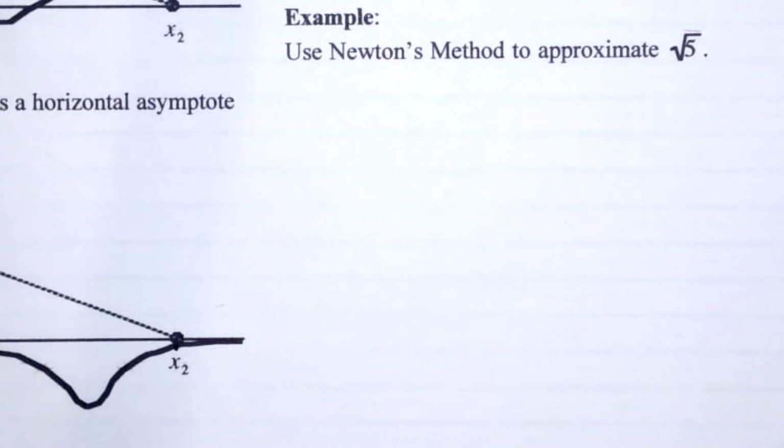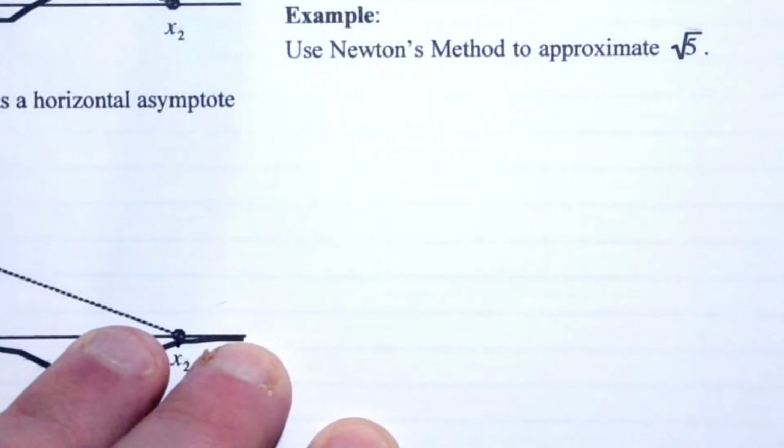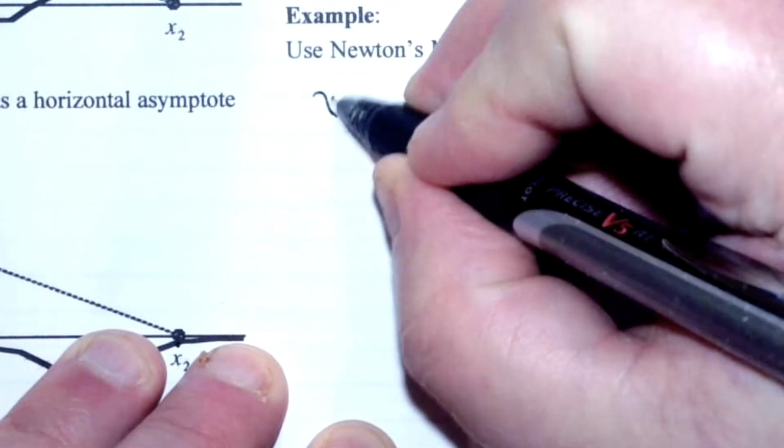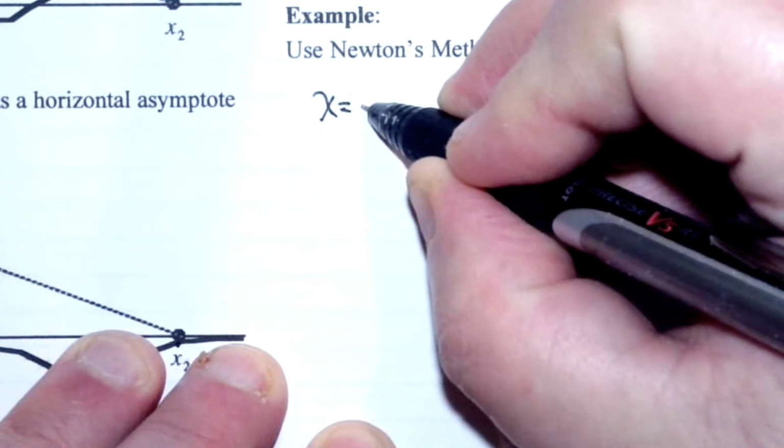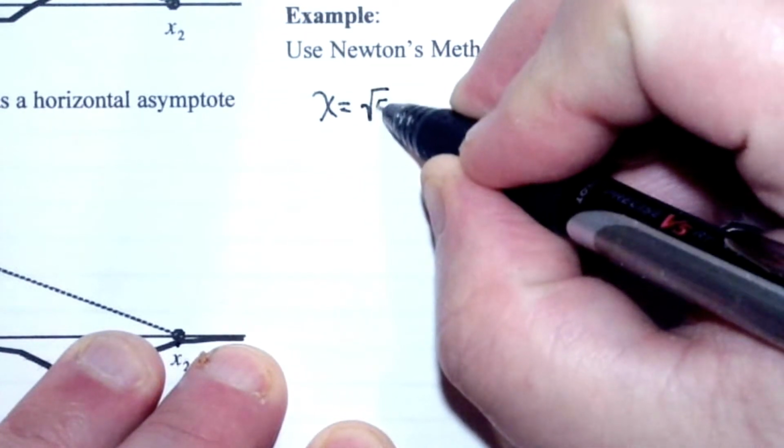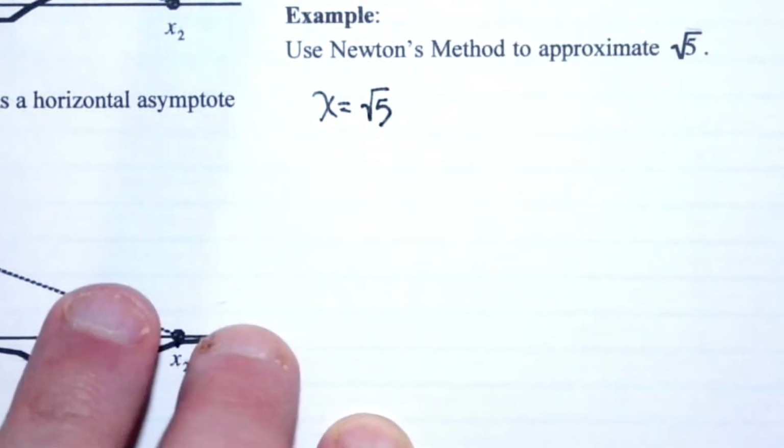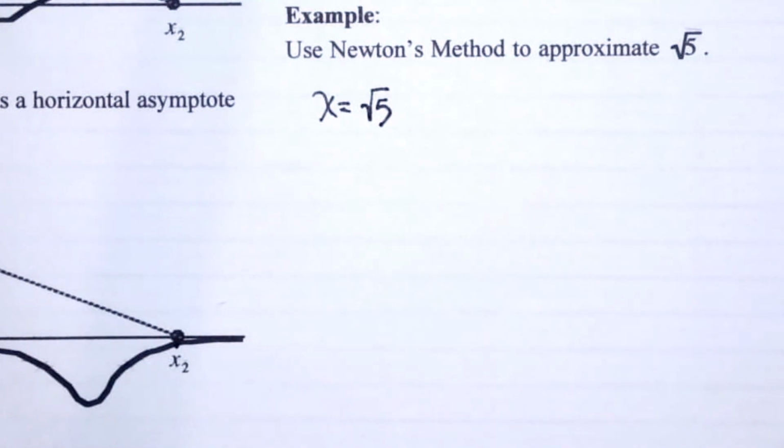So let's use Newton's method to approximate the square root of 5. Now, I didn't give you a function here, so you may be wondering, how do I do this? There's no equation. Well, we make our own equation. We start out by letting x be the square root of 5. Now, is there anything we can do to this equation to get an equivalent equation, but without irrational numbers?